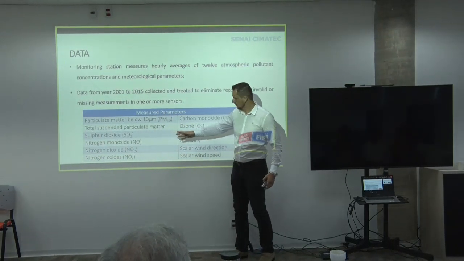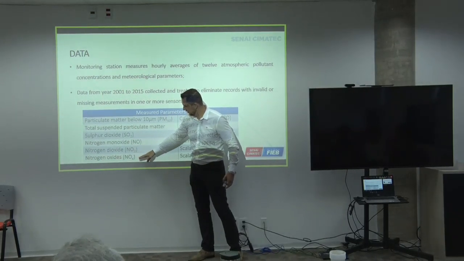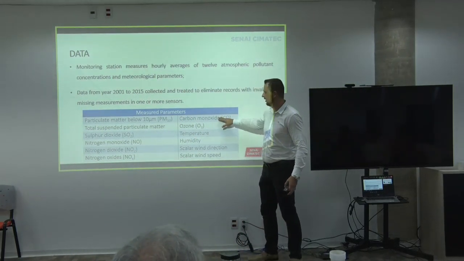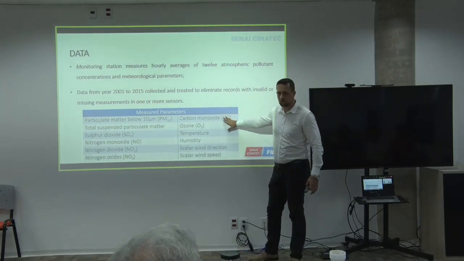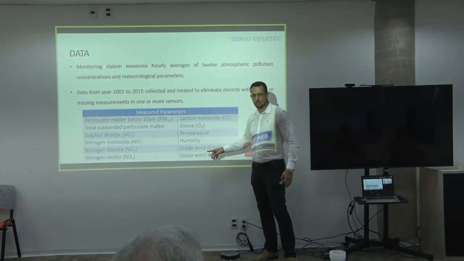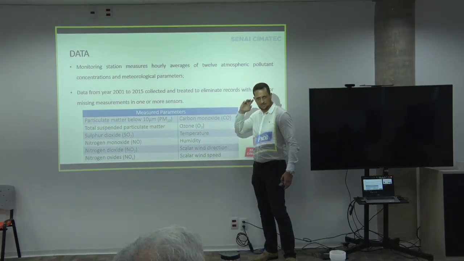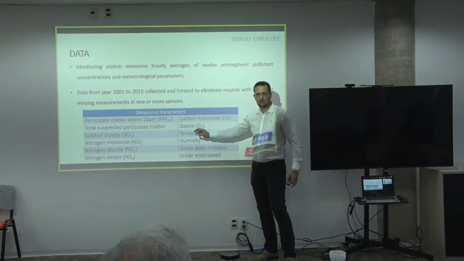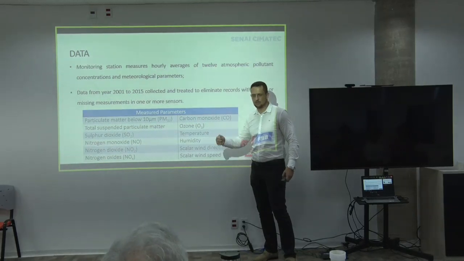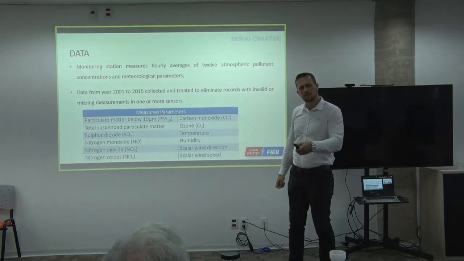But sulfur dioxide, nitrogen dioxide and monoxide, and carbon monoxide are precursors for ozone. And there are the meteorological parameters. So there is some research that we can do to understand what are the main parameters that we must use for such an AI model to have good results. It's a good question.